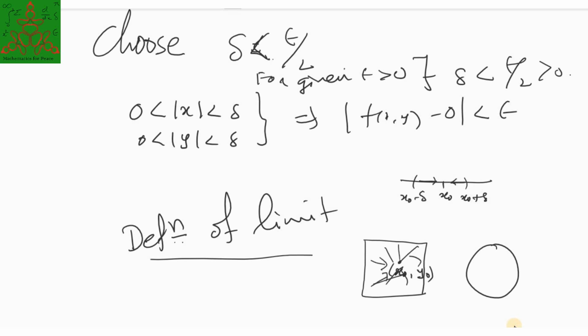So that two-sided definition, as in the one variable case, will not be applicable here, because there are many paths, and if you want to say that the limit exists, you have to take every path approaching this point. So with that note, I'm closing this video.